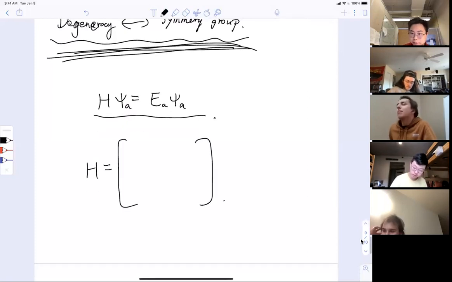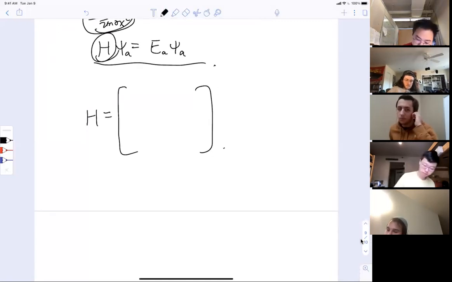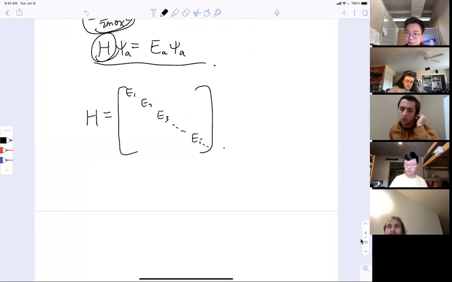And the Hamiltonian is always a matrix, even though sometimes it's in this kind of form. You can understand this kind of operator as an infinite dimensional matrix. So basically, we want to diagonalize this Hamiltonian. In general, there's no reason why the eigenvalues should be the same.